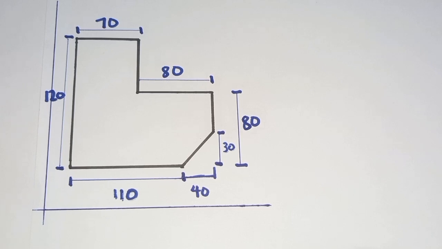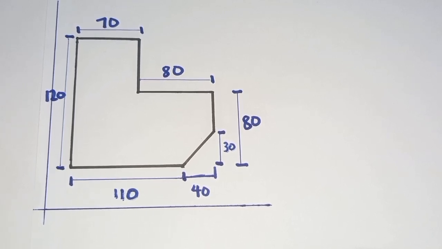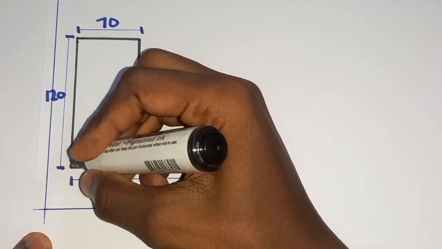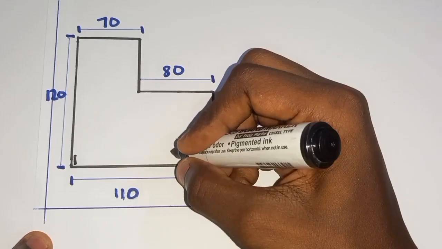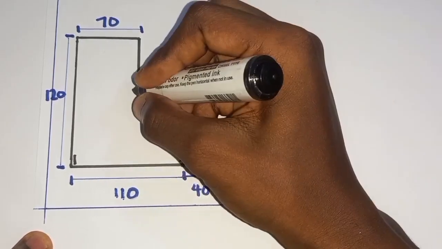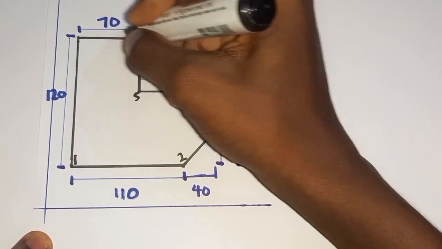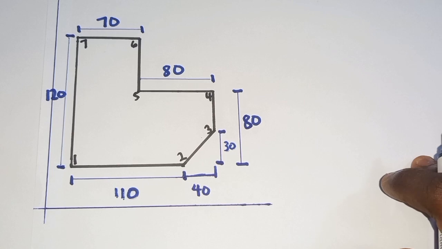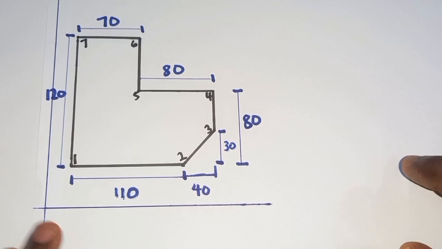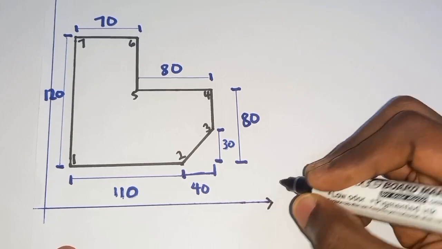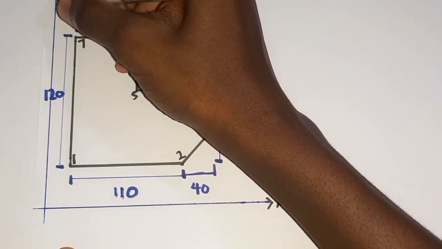So with the absolute method, you can see the origin here from the question. We'll first label the parts, say 1, 2, 3, 4, 5, 6, 7. And by identifying these parts, you can start from our starting point with the origin, x and y relative to the origin.